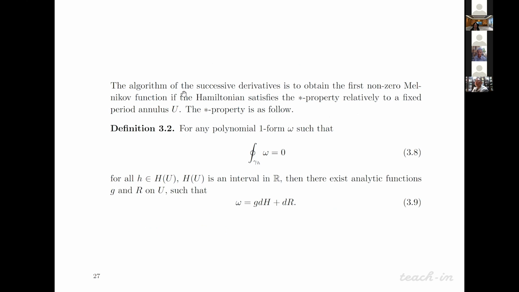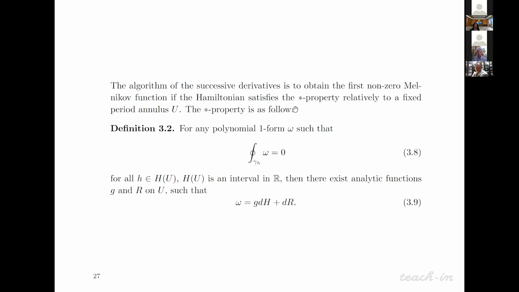The star property is that for any polynomial one-form omega such that the integral of this one-form along the closed orbit gamma h equals 0, then omega can be written this way, equal to g dH plus dR. For the homogeneous Hamiltonian system, we can check that the star property is satisfied.